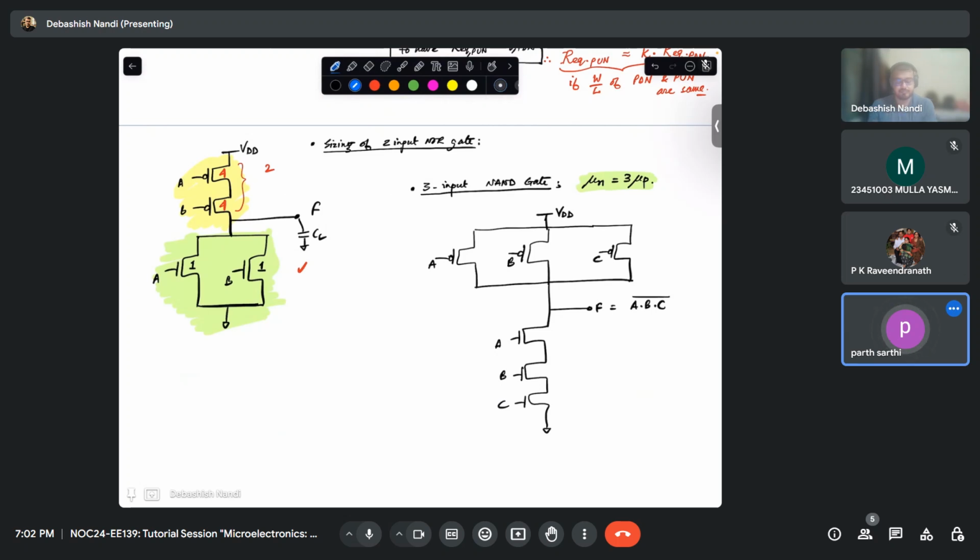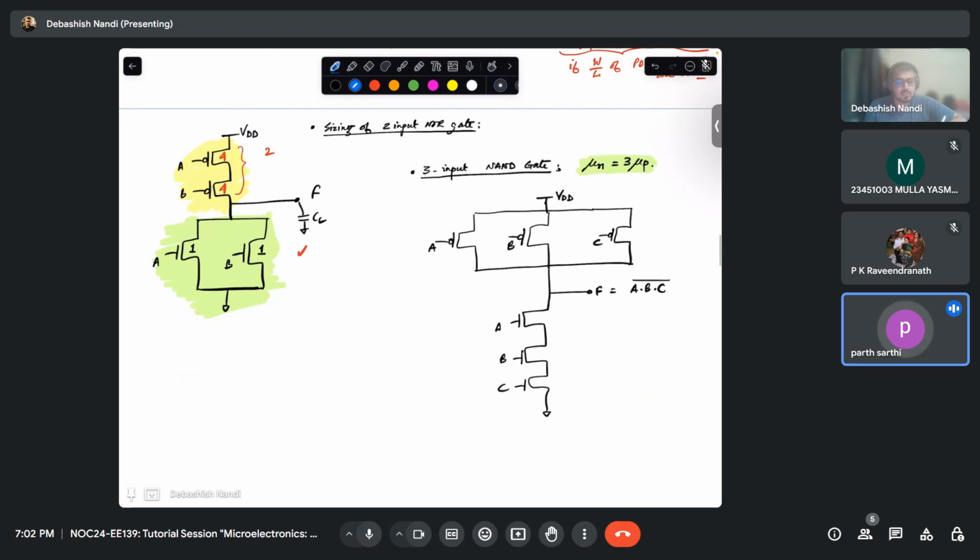Same sizing. No, no. Tell me the value. 111. 111 in case of what? In case of NMOS, NMOS 111. Okay. And in case of PMOS? Again 1 because 3 times, but in parallel, the 3 by 3 is equal to 1.